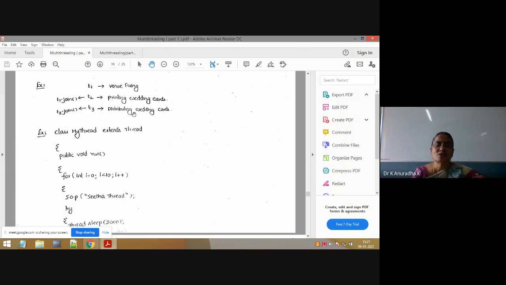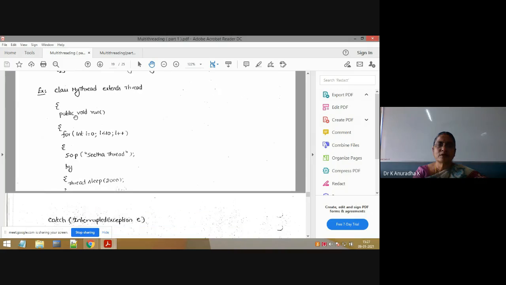If some thread wants to wait until the completion of another thread, then inside the waiting thread, we should write the completion thread. Means inside T3, if you write T2 dot join, the thread T3 has to wait. Means it will enter into the waiting state until the completion of this thread T2. This is the real-time example to understand the join method.